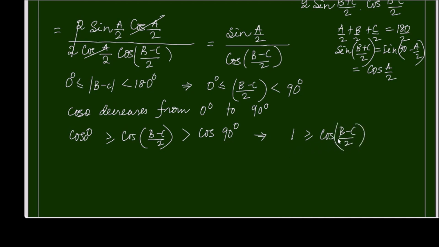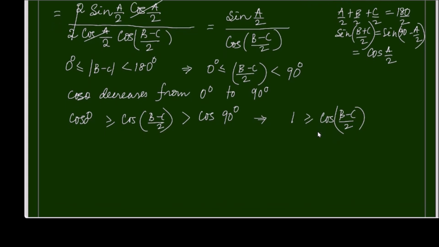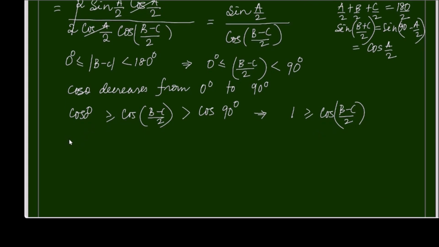So ultimately sine A by 2 over cos (B minus C) by 2 is always greater than or equal to sine A by 2.